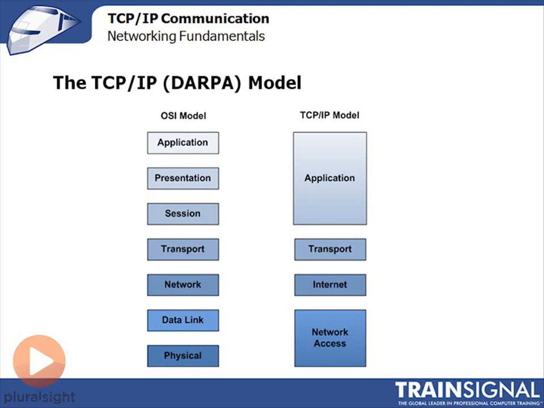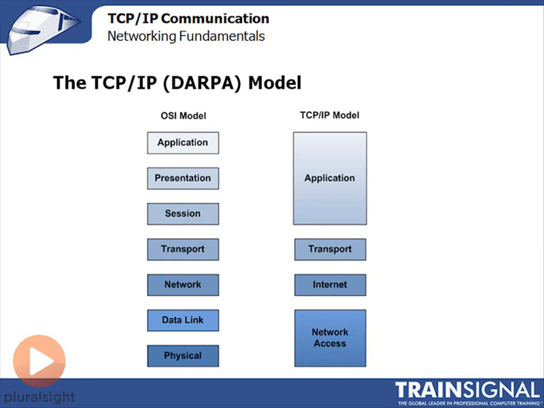So what I have listed here is the application layer of the TCP/IP model roughly mapping to the top 3 layers of the OSI model. The application layer in the TCP/IP model roughly maps to the application, presentation and session layers of functionality in the OSI model.